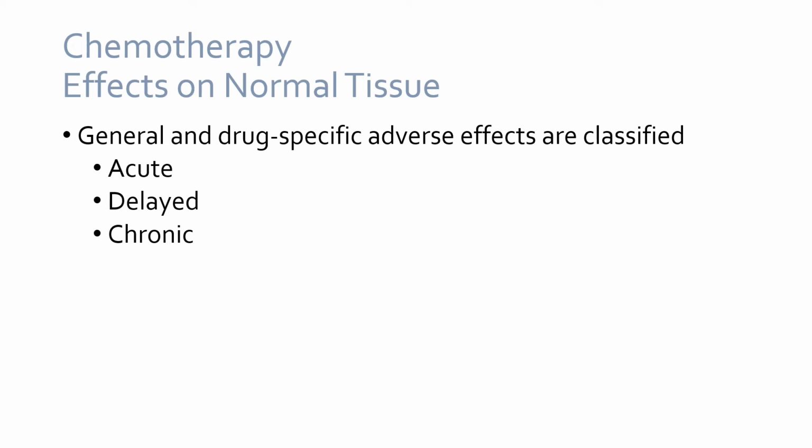Acute toxicity occurs during and immediately after the drug is administered and includes an anaphylactic or a hypersensitive reaction. They can also have extravasation, which is tissue necrosis at that area, or a flare reaction. Many times anticipatory nausea and vomiting, and also some cardiac dysrhythmias.